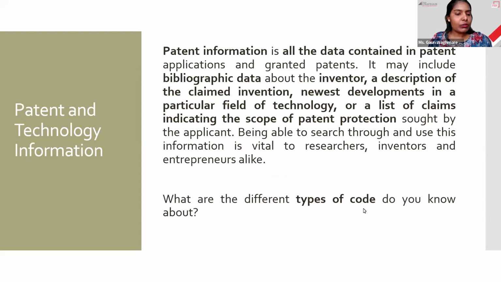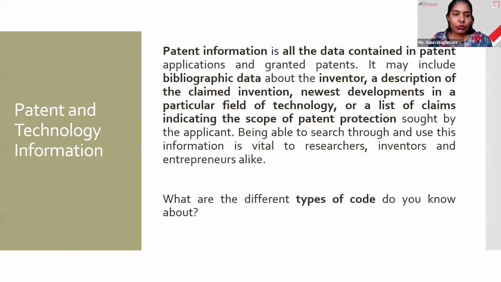So there are different types of codes like IPC, CPC classification codes, kind codes, and there are other US codes as well. So patent information is nothing but the data contained in a patent application.